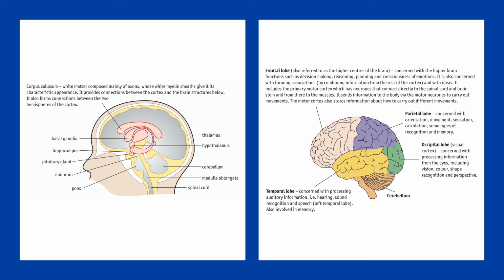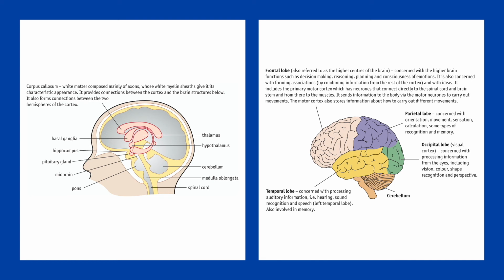Behind the frontal lobe are the parietal lobes, and they're responsible for orientation, movement, sensation, calculation, and memory. As with all these lobes, if there's any damage to them, these functions can definitely be hindered and impaired. At the very back of the brain is the occipital lobe, and it's the site of the visual cortex, which is involved in processing information from the eyes, from the optic nerve.